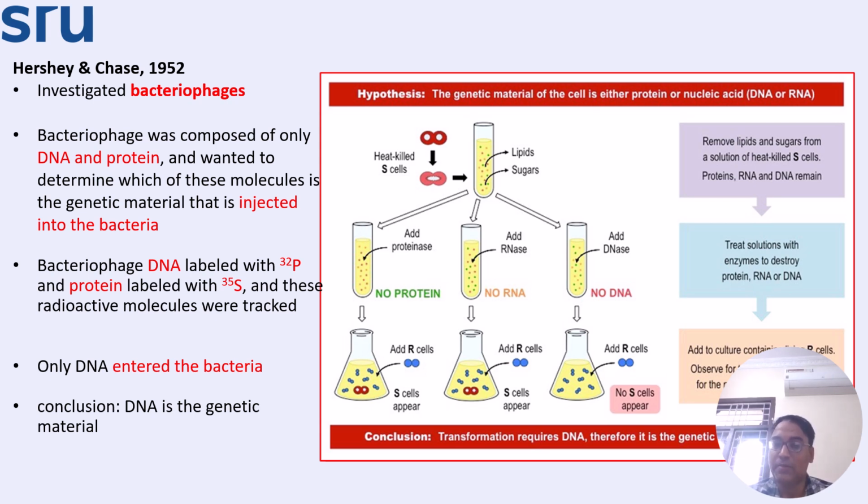Here RNase is added, and S cells still appear. It means when you add R cells and something from the mixture is absorbed, it is transforming R into S. Even after using RNase or proteinase, the transforming agent is not removed or broken down. The non-virulent R strain is still getting converted to the virulent S strain.